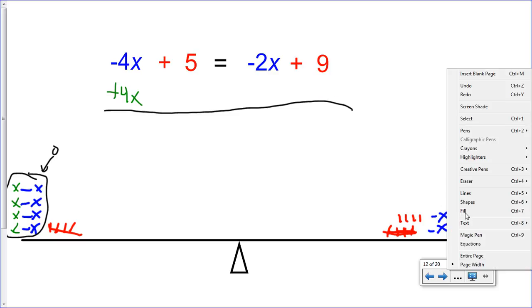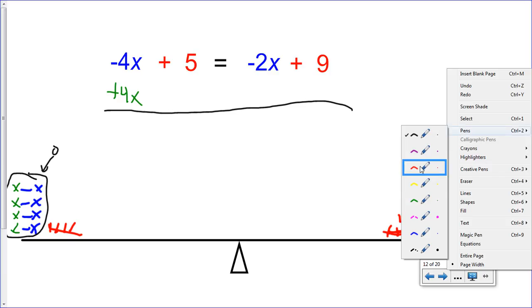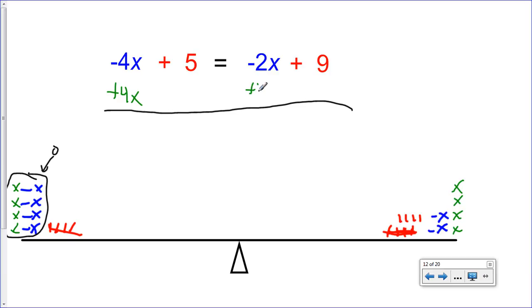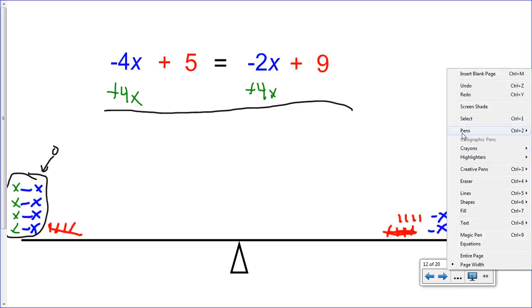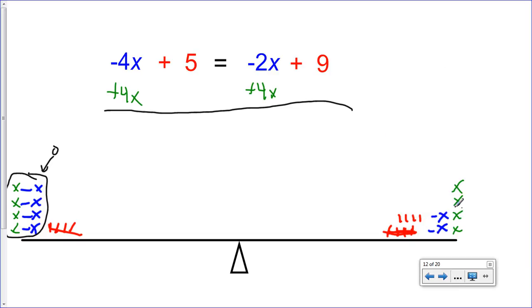Oops, forgot. We've got to be fair. We can't add 4x on one side without adding it on the other. And this is 0. So 0x on the left, so all we have left is that 5 there. And we have the 2 positive x's left on the right. 2 negatives and 4 positives yields 2 positives.